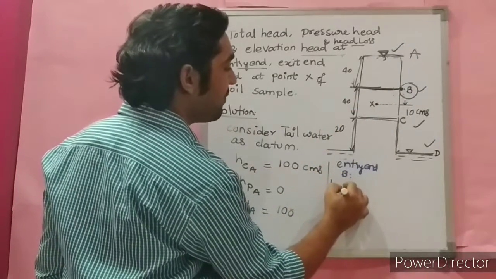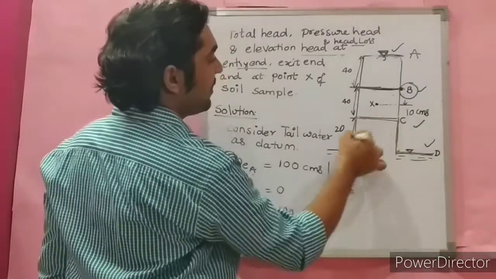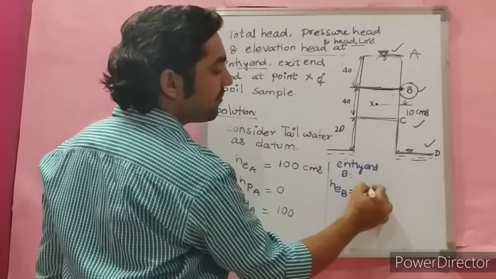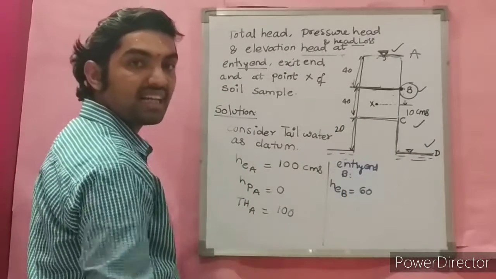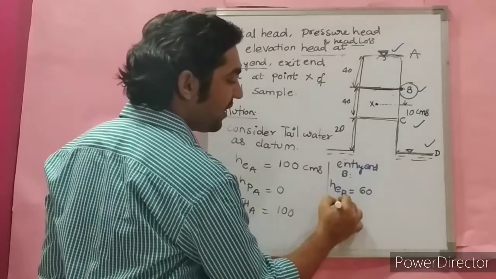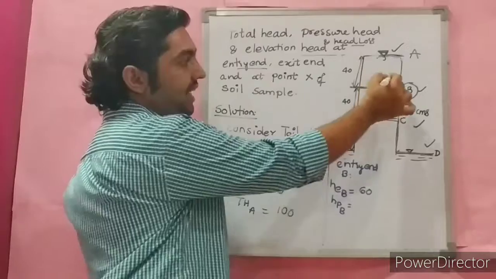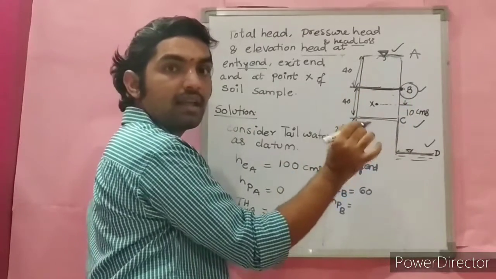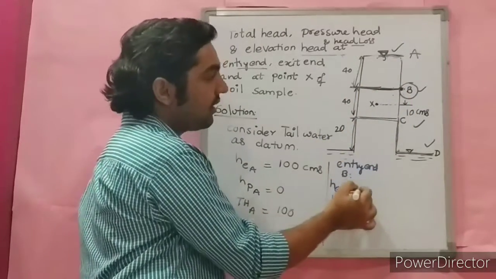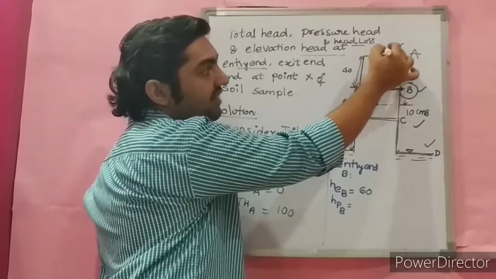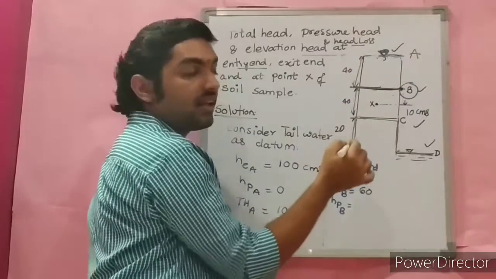Elevation head at point B: 20 plus 40, 60. This is elevation head at B. Pressure head at B. Always remember at entry end and exit end, calculate the pressure head corresponding to the water with which it is in easy communication.